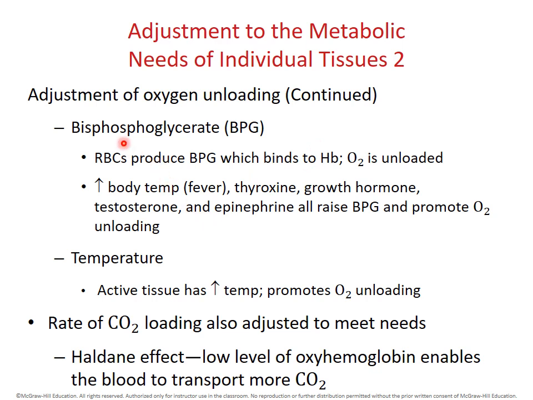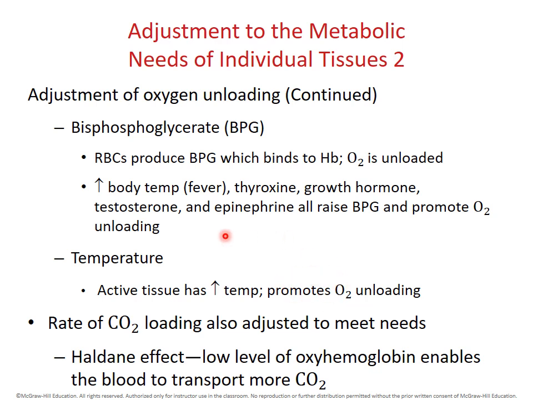Biphosphoglycerate, again, something produced by erythrocytes, will essentially destabilize hemoglobin and once again reduce its affinity for oxygen, causing more oxygen to be released. And then finally, if I didn't say it already, increases in body temperature will promote or cause hemoglobin to release more of its oxygen, reducing its affinity.